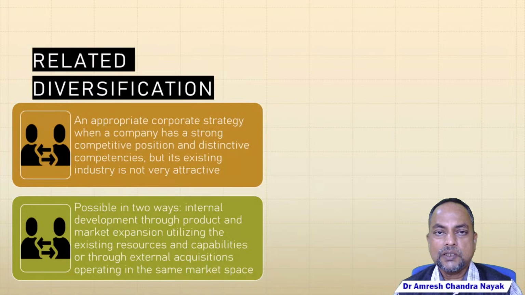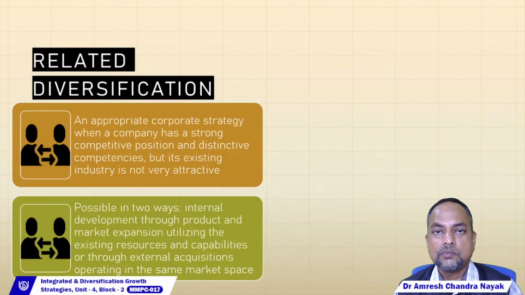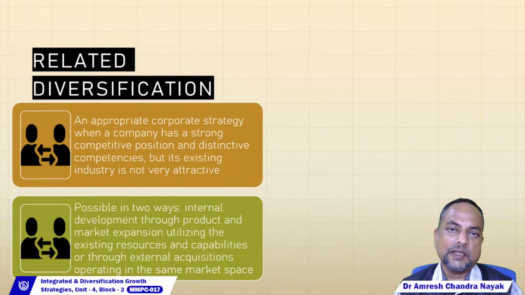So concentric diversification is into the same line of business, right? Products may be unrelated, not the similar sort of product, but into the same industry line, right? So what is the essence of this is that you need to have that competitive advantage. You need to gain that synergy. That is the only reason why organizations would like to diversify in terms of the related industries itself, right?